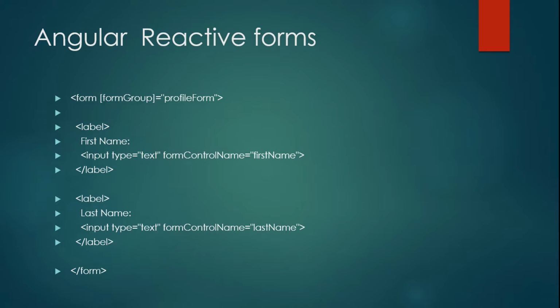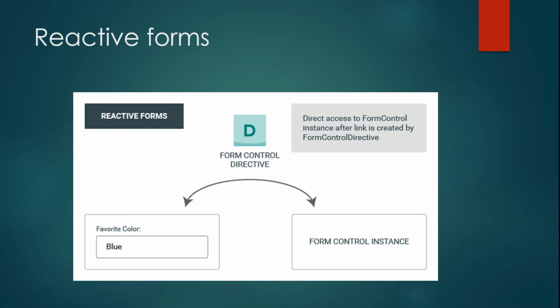So it binds to the FormGroup instance, and within the FormGroup we define the FormControl instances, that is firstName and lastName, tracked by the names, and they bind to the respective form input elements by the formControlName directive. So the form group communicates with the FormGroup model, and through the FormGroup model we access the value of any form input element through the FormGroup instance.